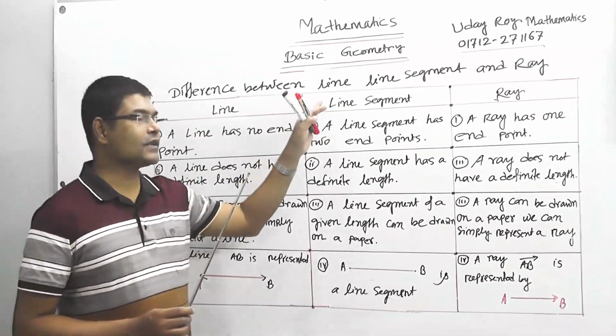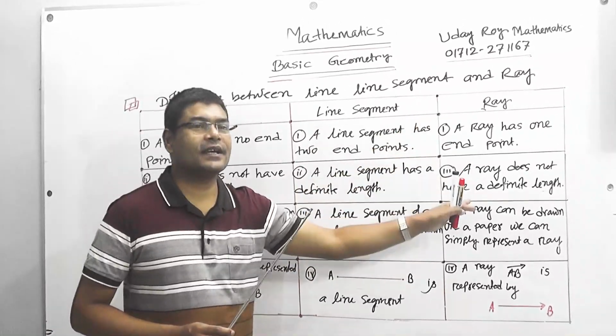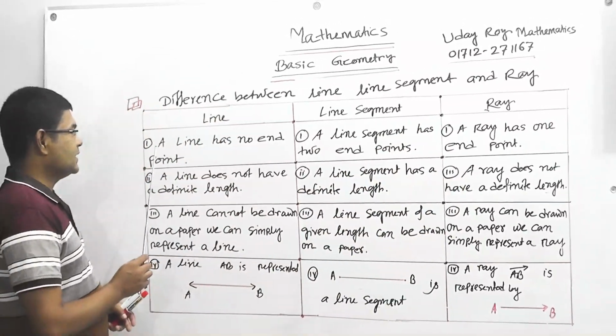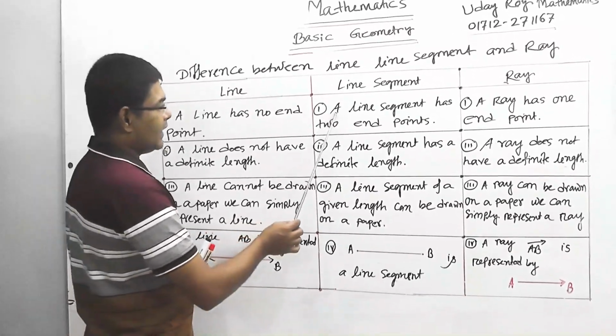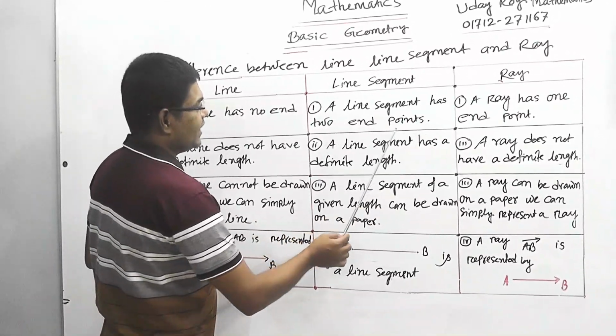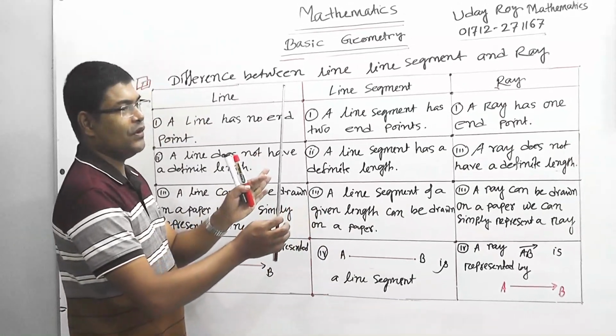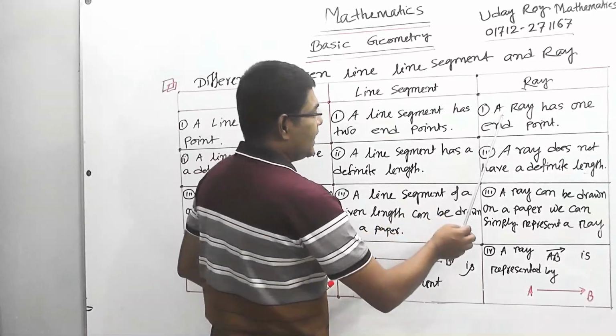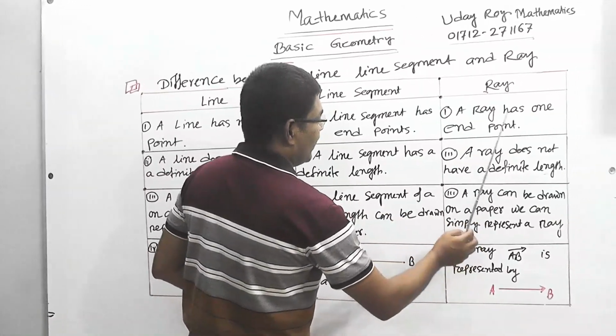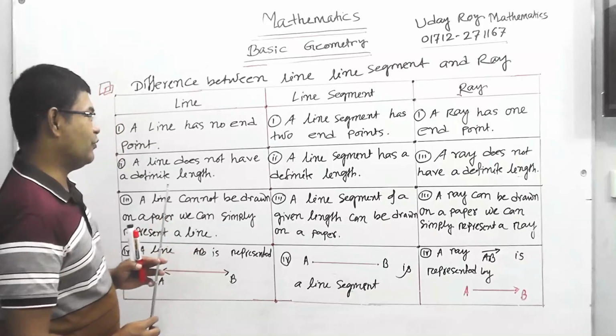A line has no end point. A line segment has two end points, according to the definition. And a ray has only one end point.